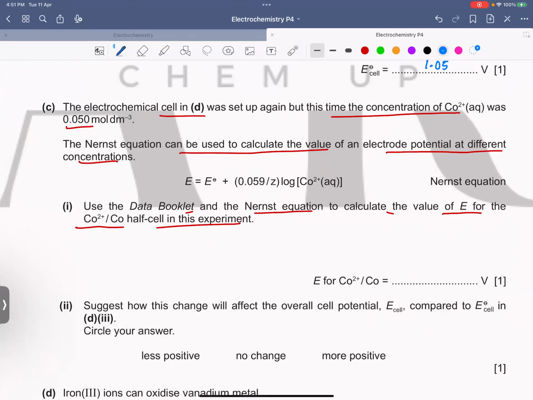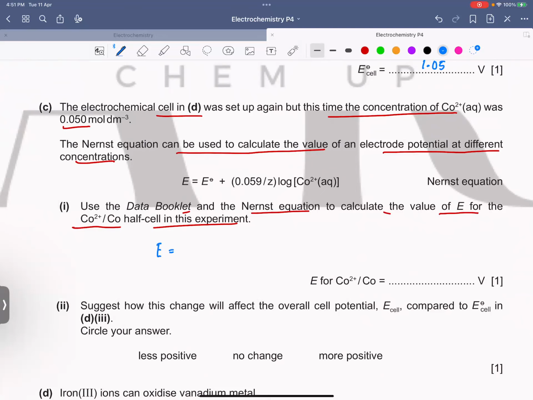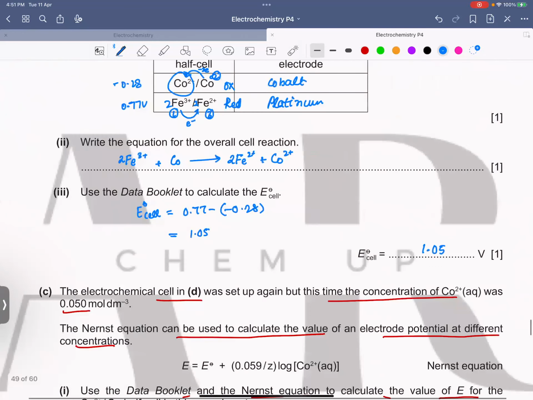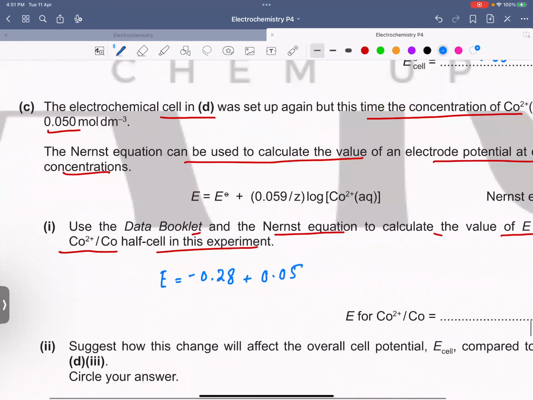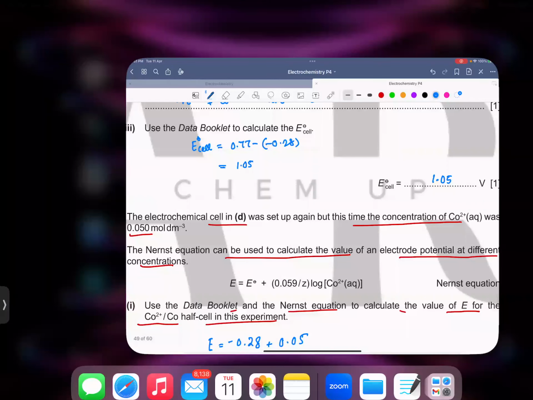Okay, E naught is minus 0.28. Now, if you look at its half equation, let me show you. How many electrons are involved? 2 electrons are involved.